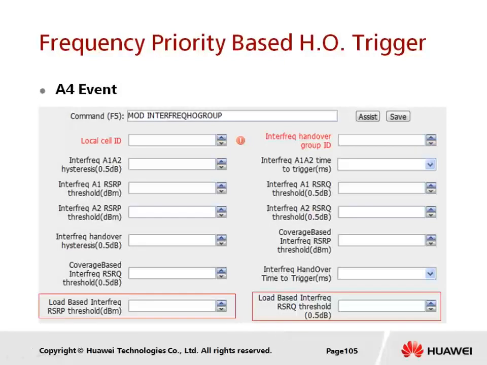To recall, event A4 means that the signal quality or signal strength of the neighbor candidate cell is greater than a specific threshold. So here is where we set the threshold.